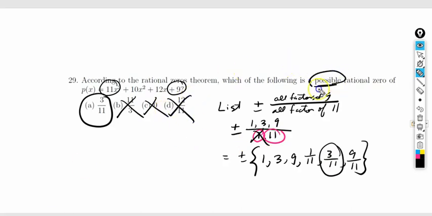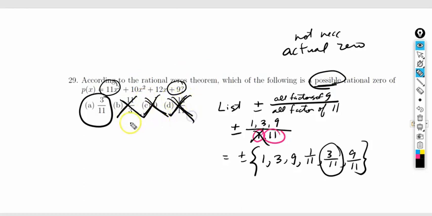So nobody asked you what the actual 0 is. So 3/11 may or may not be an actual 0. You were asked what is the possible, and the rational zeros theorem gives you a possible one. And these were impossible.